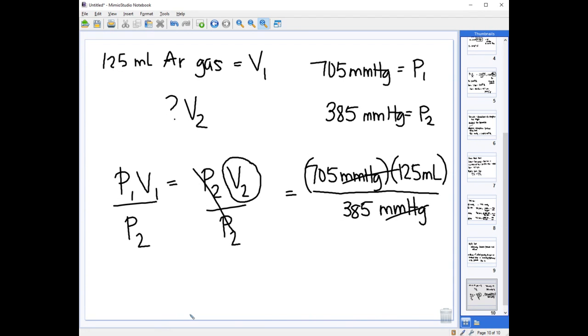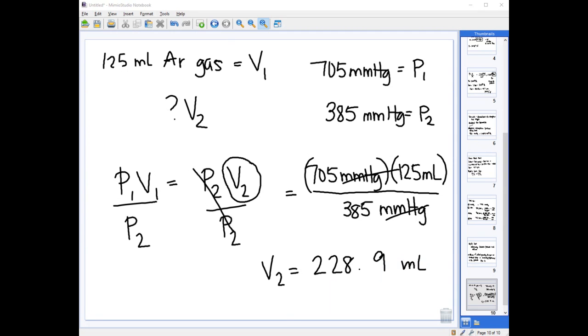So we're going to say 705 times 125 divided by 385, and we get a final volume of 228.9. And we need to use significant figures here.